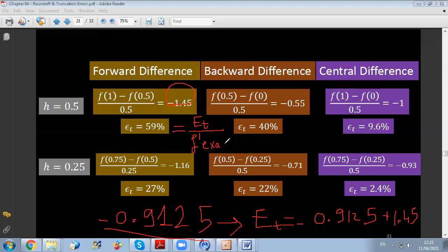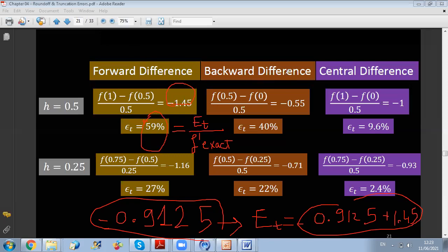So if I want to find epsilon true, I will divide this result, which is a positive number, by the exact value, which is negative. So I will get a negative result. Here, they just represented the positive result because I told you that in general, we take the absolute value because we don't care about this. So in absolute value, I will get a relative error of 59% for the forward difference.